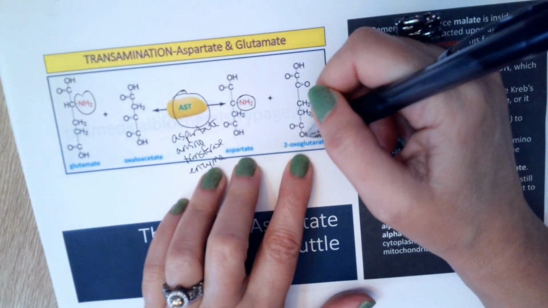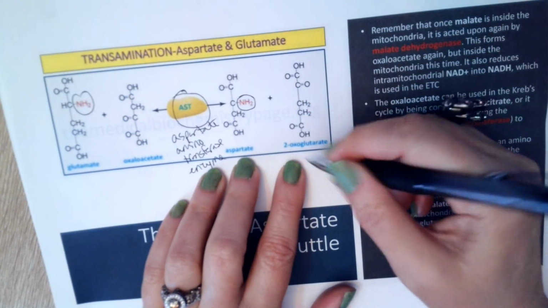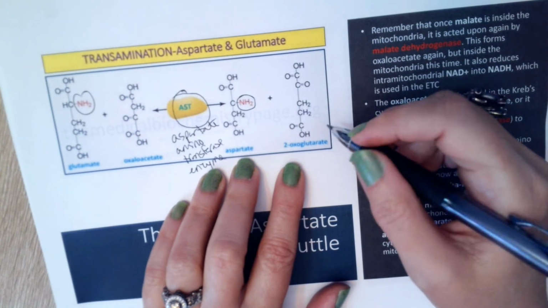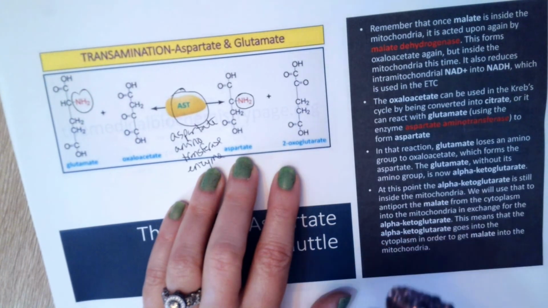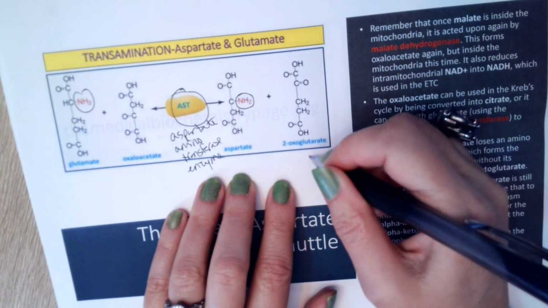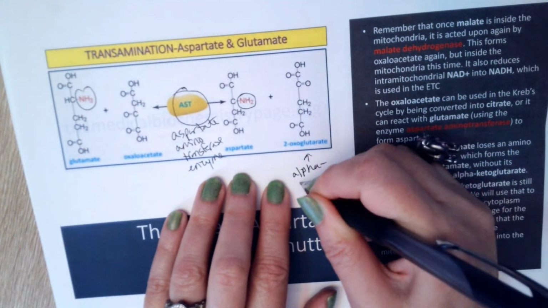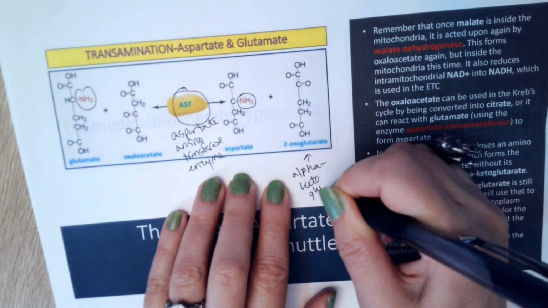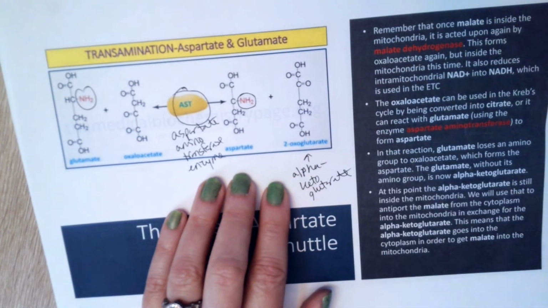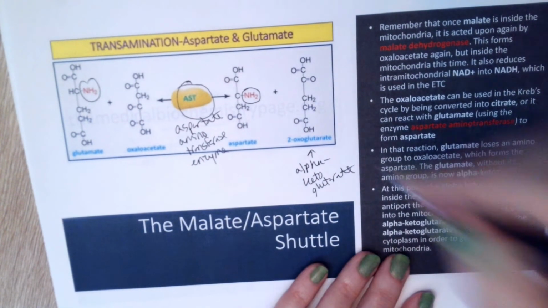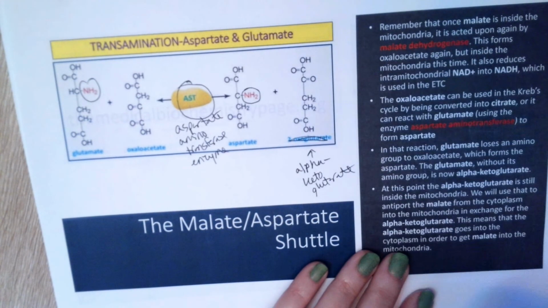And then we have this, just again to show you that we use different words for things all the time. This is just another name for alpha-ketoglutarate. Let's just take that out. Okay.